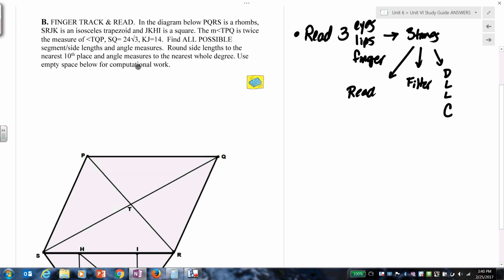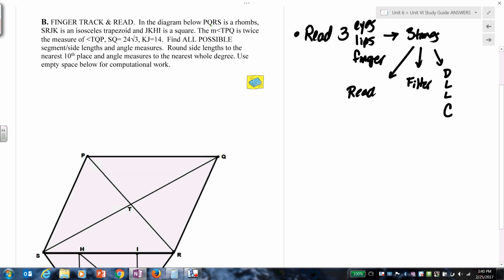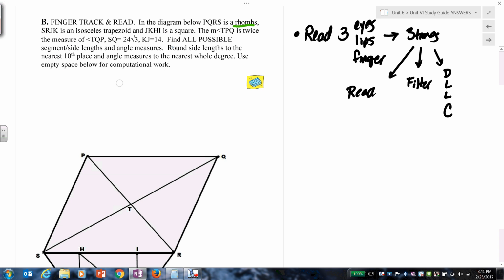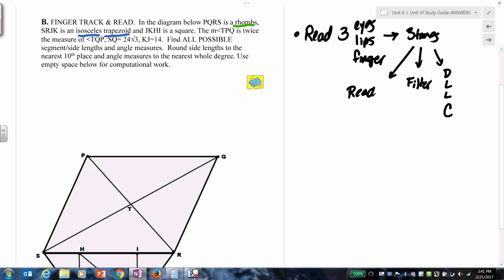Now we go back and we filter 3 pieces of information. PQRS is a rhombus. SRJK is an isosceles trapezoid. And JKHI is a square.